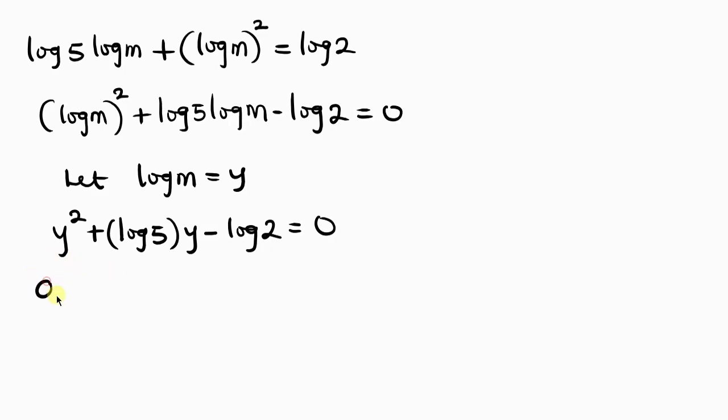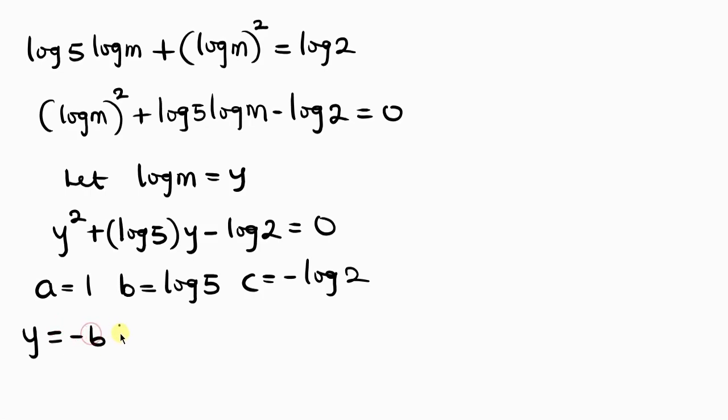You see that a is equal to 1, and that's the coefficient of y squared. B is equal to log 5, which is the coefficient of y. And c is a constant term, which is negative log 2.